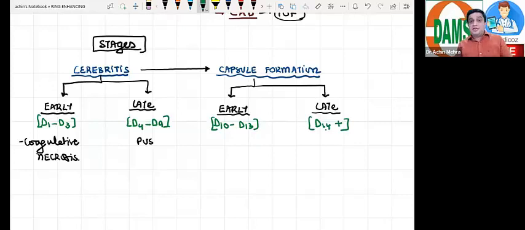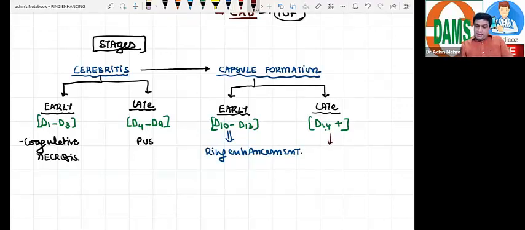The actual ring enhancement that you come across with capsule formation comes in the early phase of this stage. While in the late phase, the capsule will be there, but it will be a very typical thick capsule. Along with the thick capsule, it will have a lot of gliosis surrounding it.